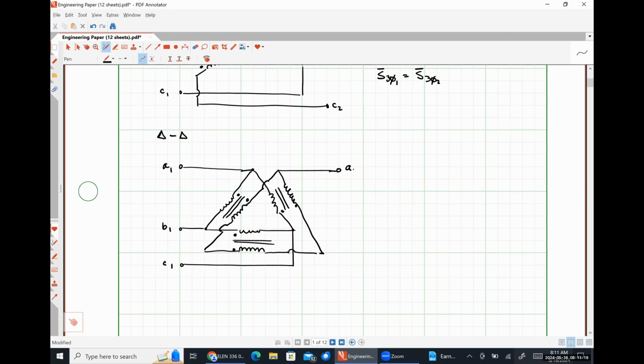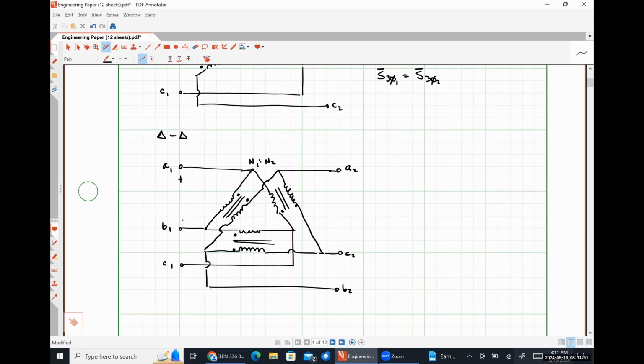So this should be A2, down here will be B2 and here will be C2. And so we've got two delta connected sets of coils kind of superimposed on top of each other to form a transformer. Once again, our turns ratio will be A is equal to N2 over N1.